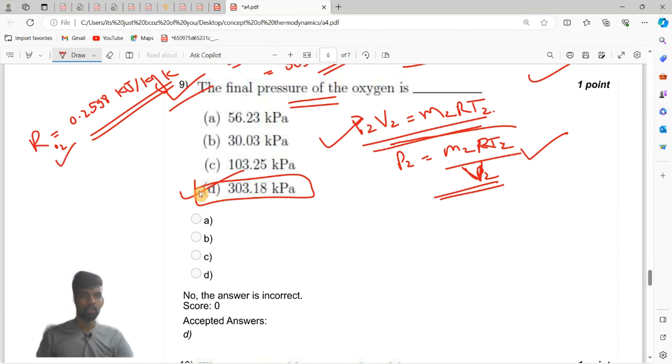You can remember it, or you can remember the molecular mass of oxygen and divide the universal gas constant by it. You will get the same number.